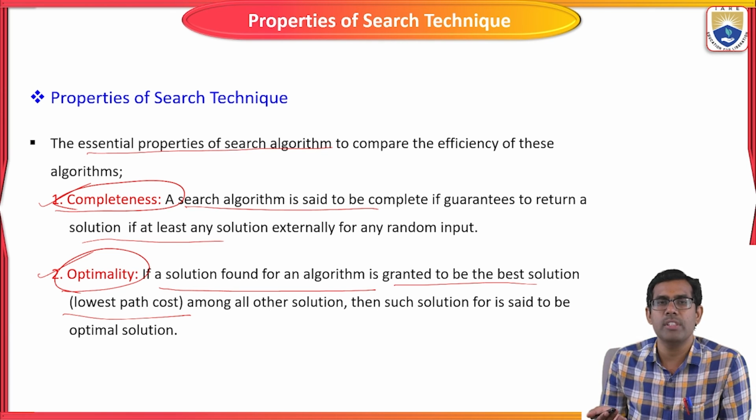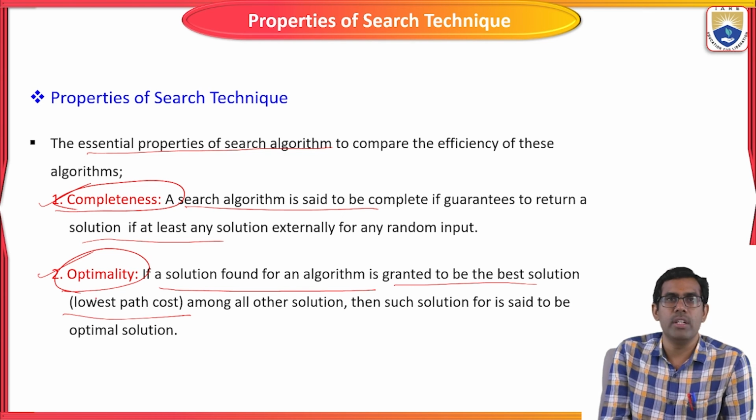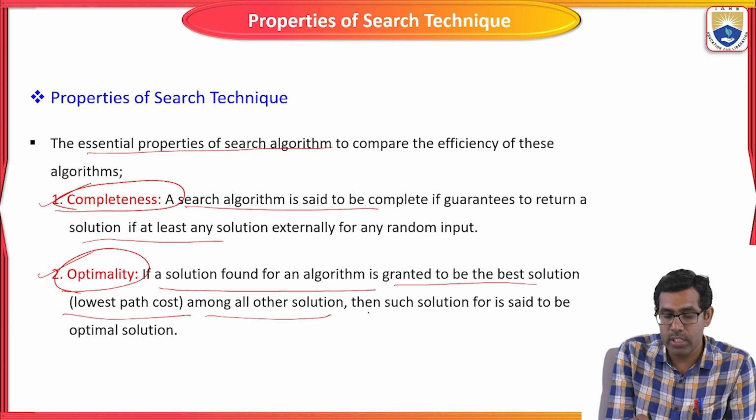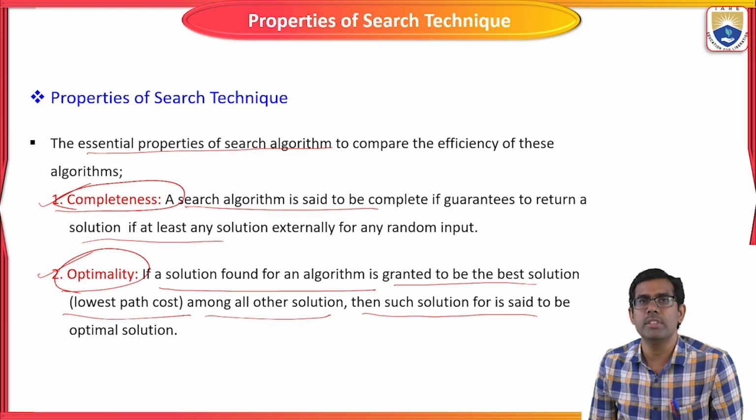If you select a specific algorithm based on your problem statement, that algorithm should produce an optimal or exact solution. That is optimality: among all the other solutions, such a solution is the optimal solution for your problem statement.